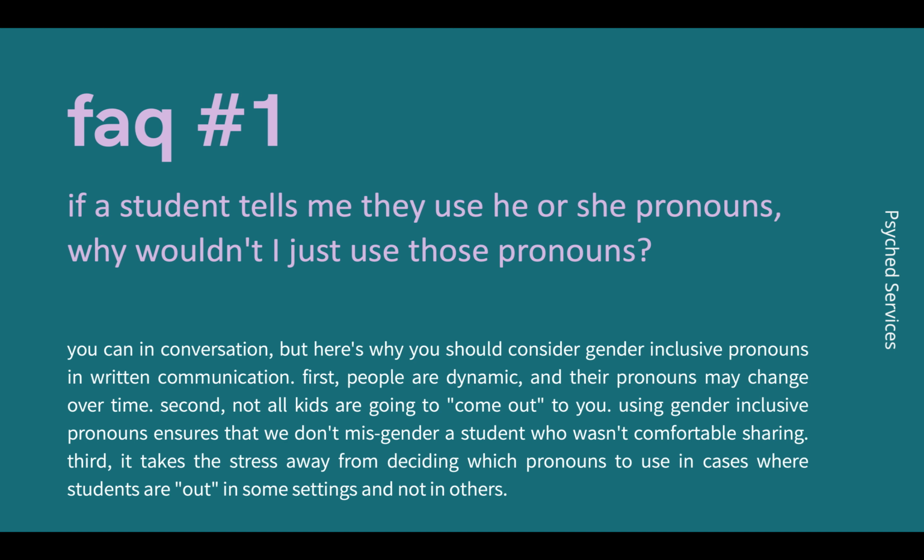So we kind of addressed that already, that if you were to use a pronoun when talking with the student, certainly you can use whichever ones they say, but in writing, it helps us make sure that we're not inadvertently misgendering the student, and also we have no idea what their future looks like. So if in the future they identify with a different set of pronouns, we've used inclusive pronouns that would not misgender them or breach confidentiality.